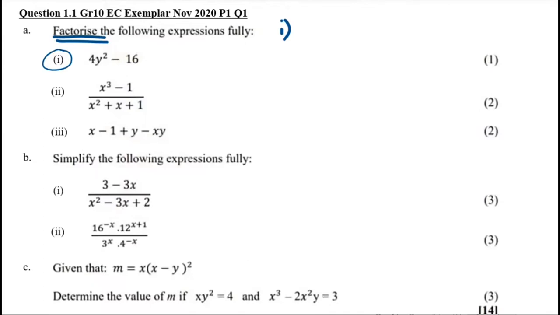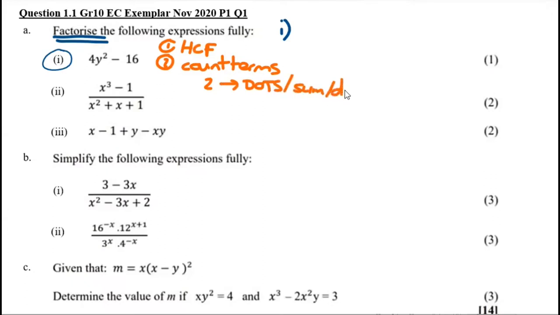Okay, let's repeat the steps again quickly. Guys, whenever you're factorizing, first thing, look for a highest common factor. That's number one. Then number two, count your terms, because that tells you the methods that you could use. So if you didn't have a highest common factor, you're going to count your terms. If it's two terms, then we're going to use dots or the sum or difference of cubes.